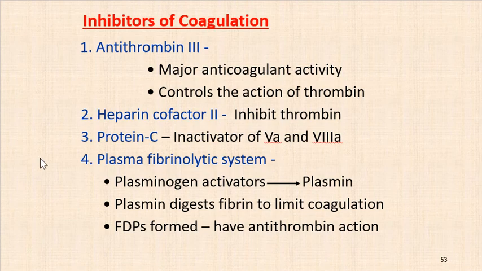So plasminogen activators convert plasminogen into plasmin, and plasmin digests fibrin to limit coagulation, and FDPs are formed which themselves have antithrombin action.